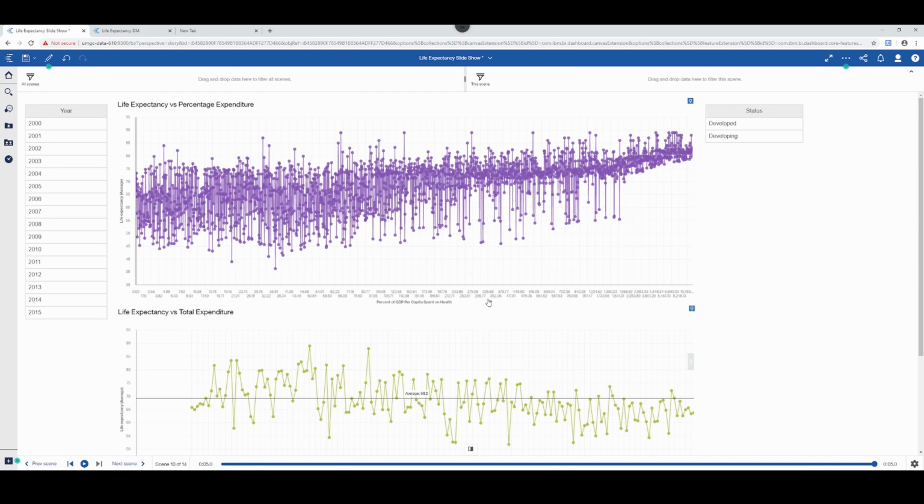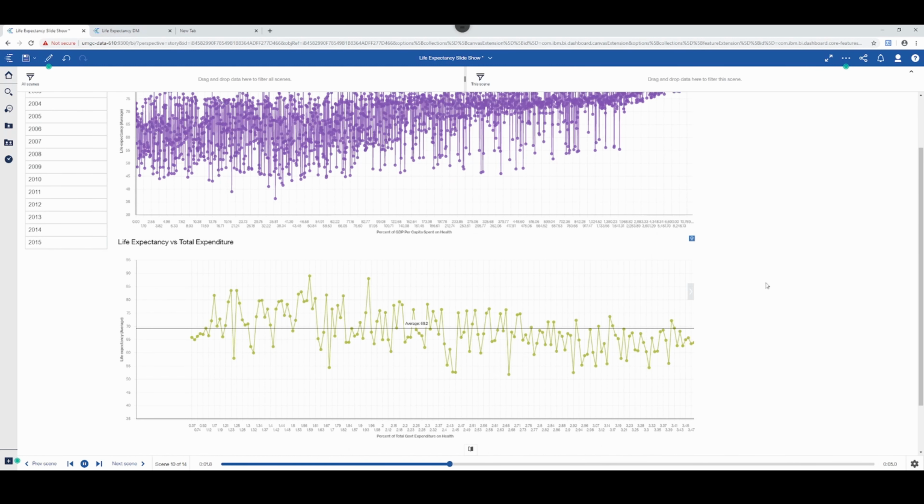So the more people spend on health, the higher their life expectancy on average. Whereas here, this is how much the government spends on health. As you can see, it doesn't seem to have any impact on life expectancy, although there's not much, not a big percentage. It's like 3.47 is the largest percentage.